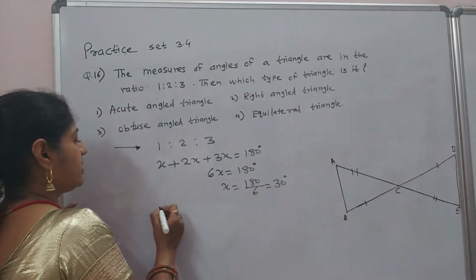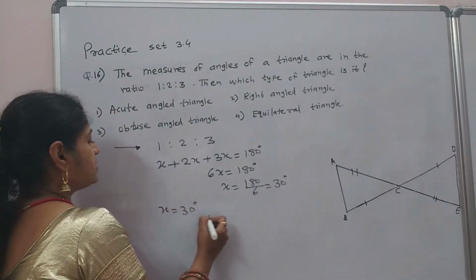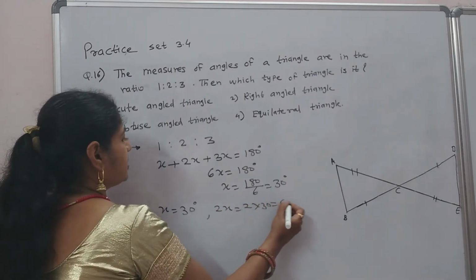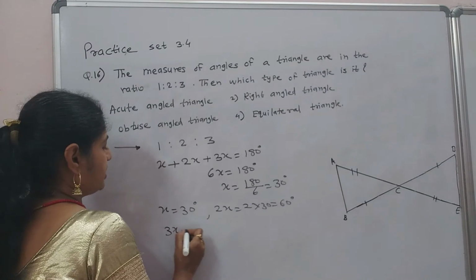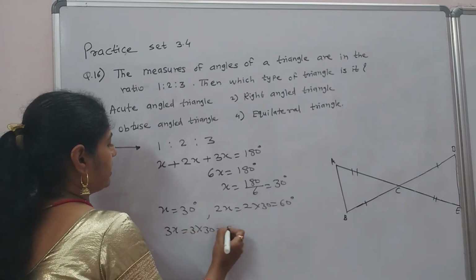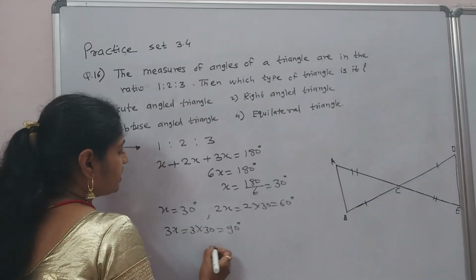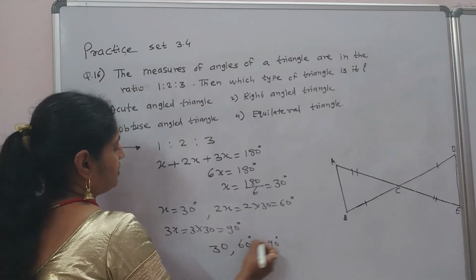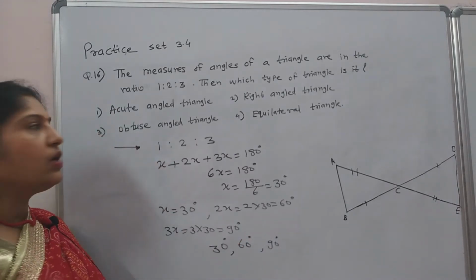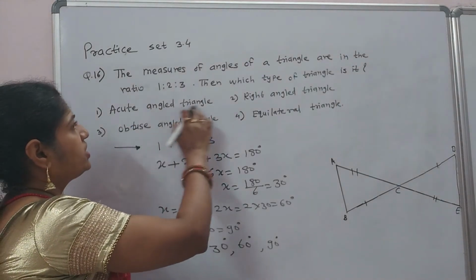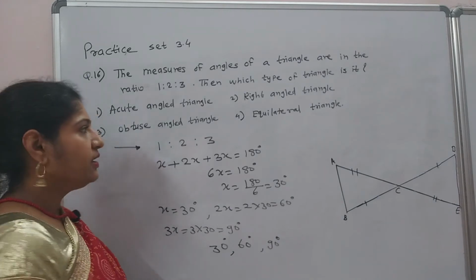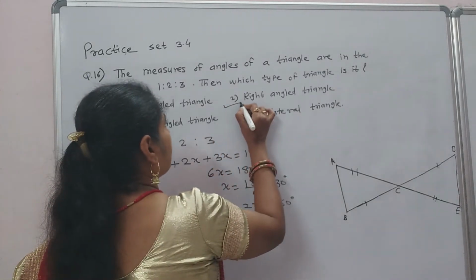So first angle x equal to 30. Second, 2x equal to 2 into 30, 60. 3x, 3 into 30, that is 90. So the measures of the three angles are 30, 60 and 90. Now, which type of triangle is this? If one angle is 90, then the triangle is a right angle triangle.